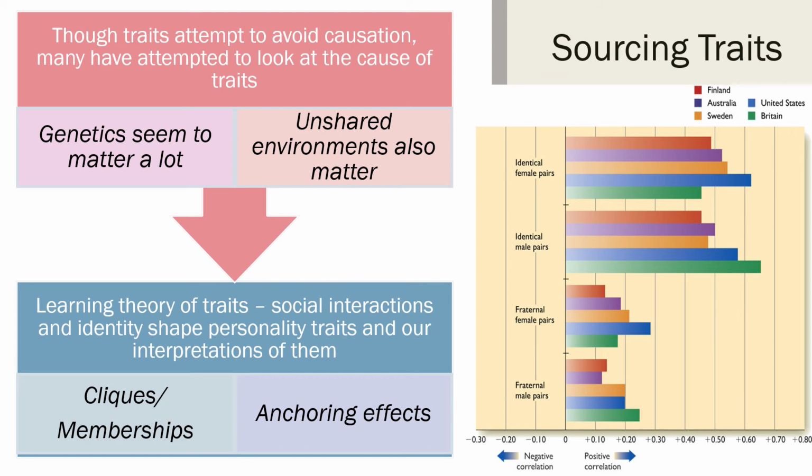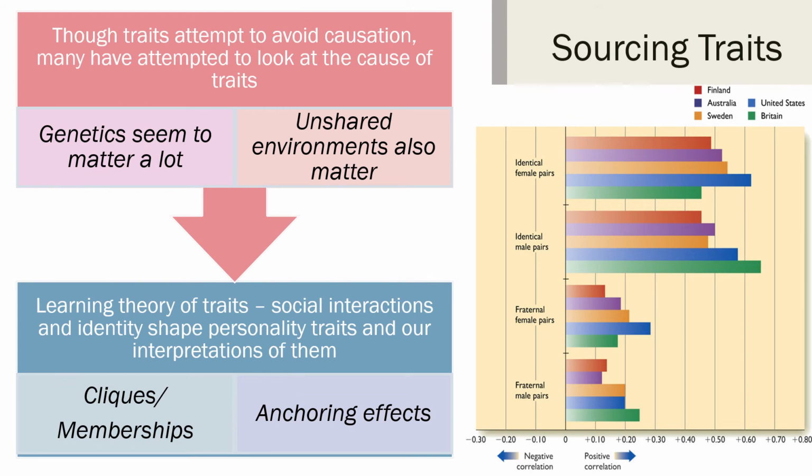But with these sibling studies, what we've also been able to show is that the environment does matter. In particular, the unique environments that individuals experience, even if they're a part of the same household. One of the things that seems to be a big catalyst as people start to kind of divvy up and become who they are in adolescence are the groups that they start to relate to.